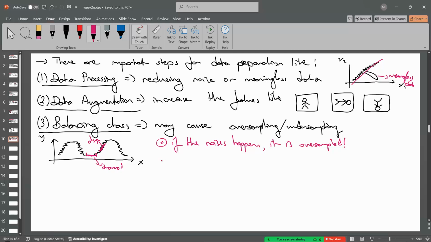Or if, for example, this is F2 and this is F1, and only F1 and F2 are used, we cannot model it because we also have F3 here. See?